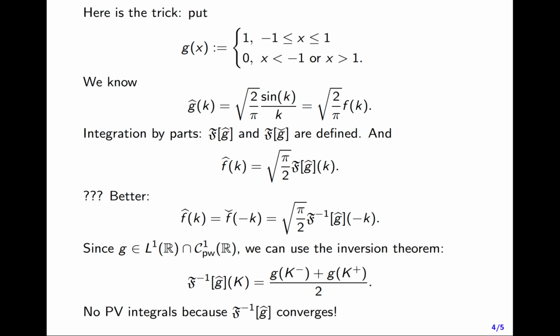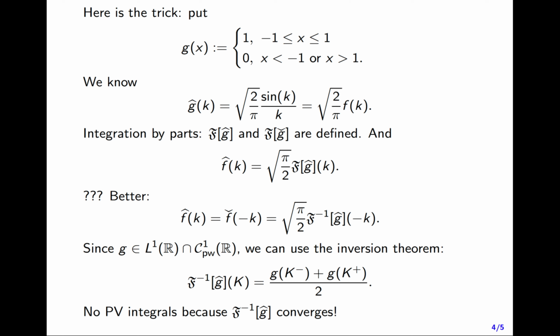You'll also note that in this inverse theorem, I didn't have any principal value integrals. And why is that? Because what is the inverse Fourier transform of g hat? Well, that's the inverse Fourier transform of f.